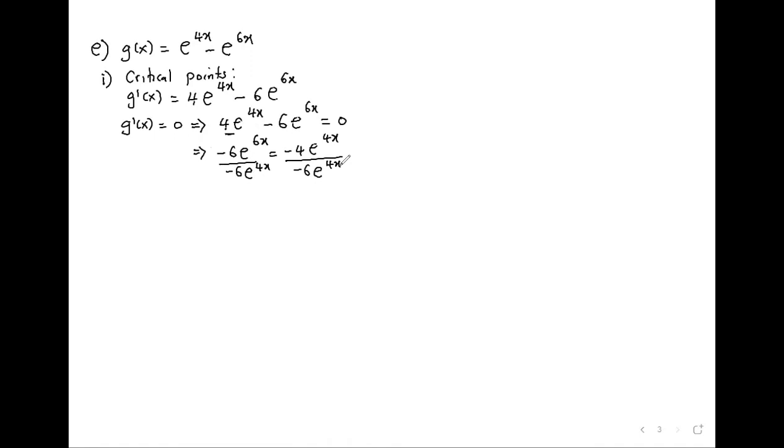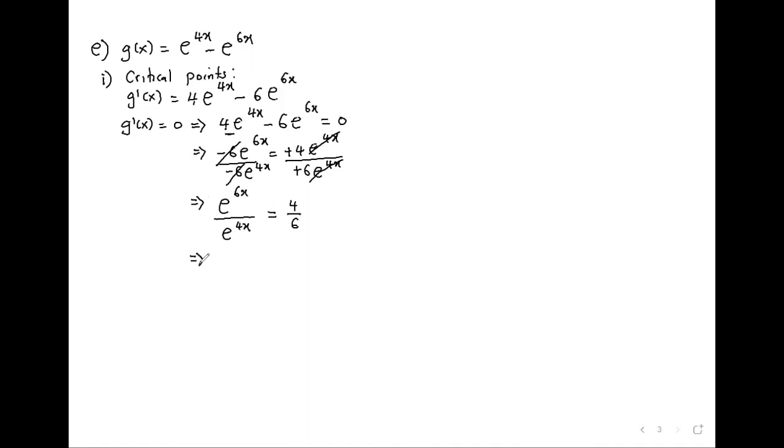So this e^(4x) and this e^(4x) can cancel, and this negative 6 and this negative 6 can cancel. So we are now remaining with e^(6x) over e^(4x) equal to 4 over 6.